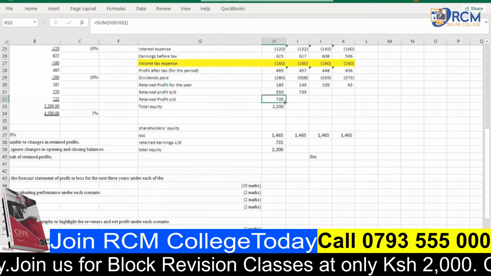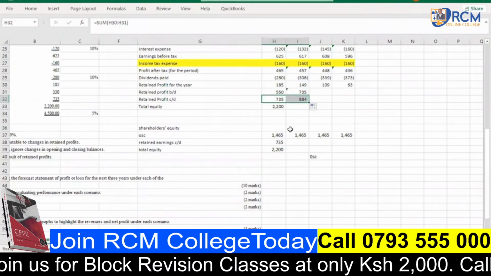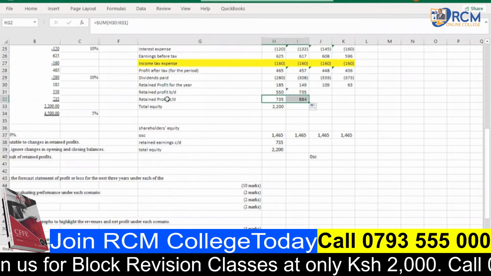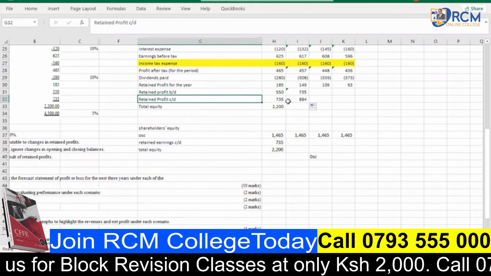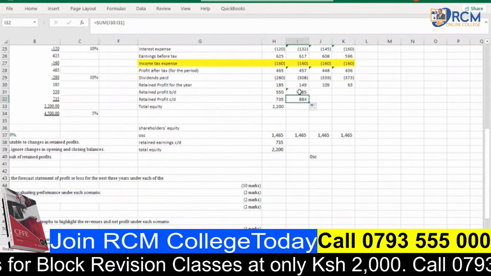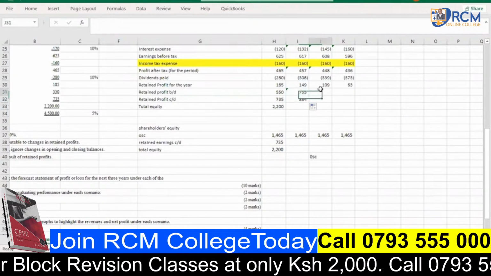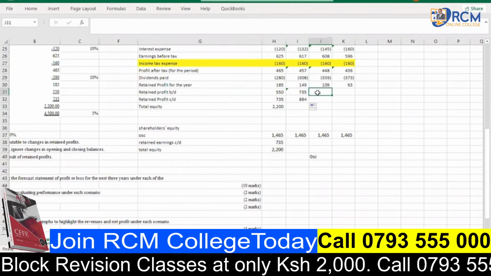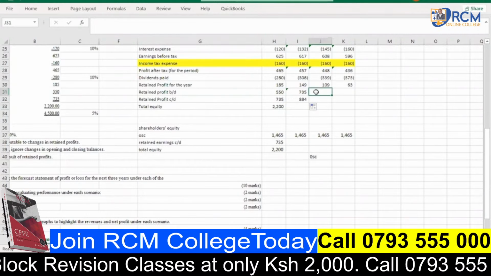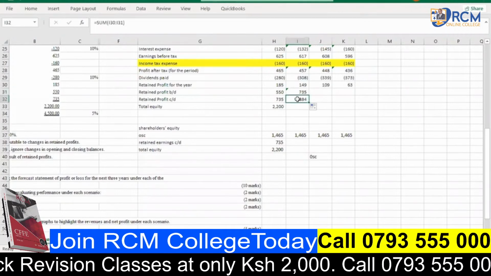So when we come here, the formula or the pattern remains the same. So retained earnings carried down for 2023 is 884, but brought down is 735. Now when we come to 2024, our brought down will be the carried down of 2023.